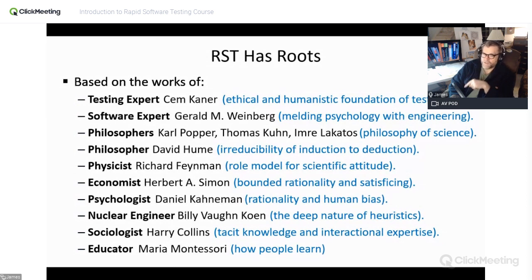My son went to a Montessori school the entire time he was in school. He only went to Montessori schools, and I learned a lot about their teaching methods, and I try to emulate those teaching methods when I'm doing RST. Montessori believed in hands-on play as a powerful way to learn, and that's what we also try to encourage.